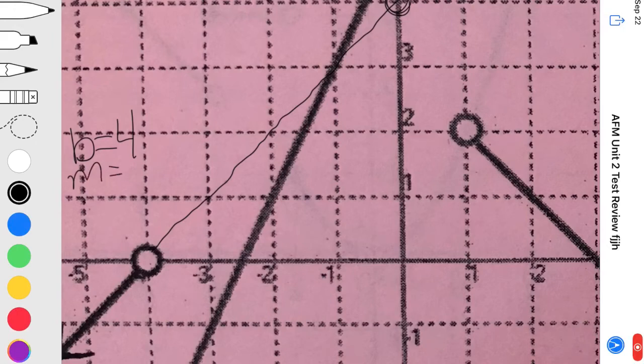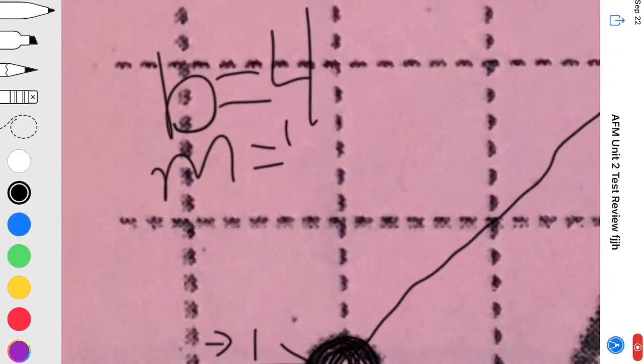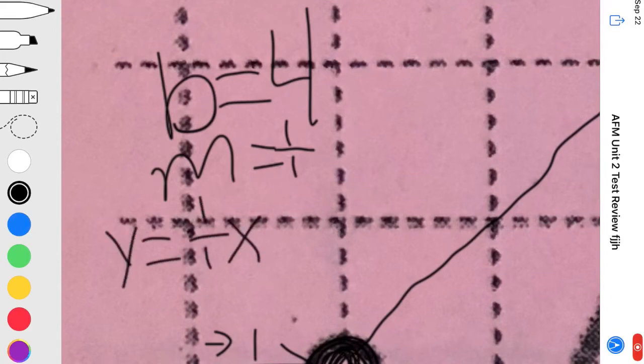Our m is going to be our slope. We have a point here and a point here on our line. So we're going to go up 1, and then to the right 1. Because we went up and to the right, our slope is positive. So we have 1 over 1, and our equation is going to be y equals 1 over 1 times x plus 4.